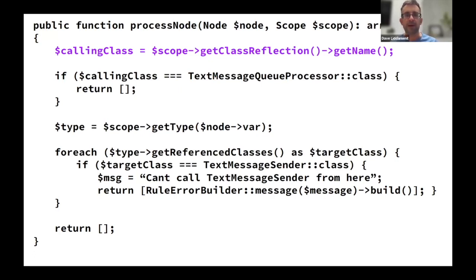So we've got the calling class, and scope is provided for us by PHP Stan. What scope does is it gives us additional information as to where we are within the code that's being analyzed. So here we're saying, get me the name of the class that we are in when we're at this method call in our code base.